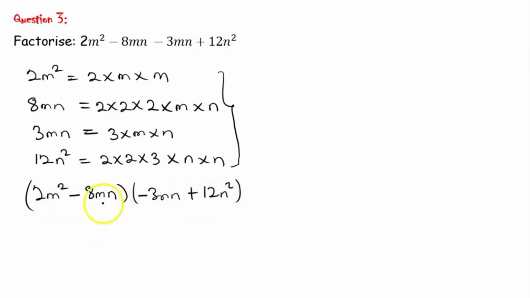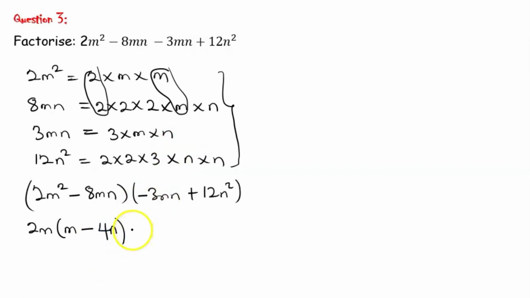Now you look at the bracket. What is common is the first 2, and m is also common. So if we bring out 2m, what will be left here is m minus 4n.